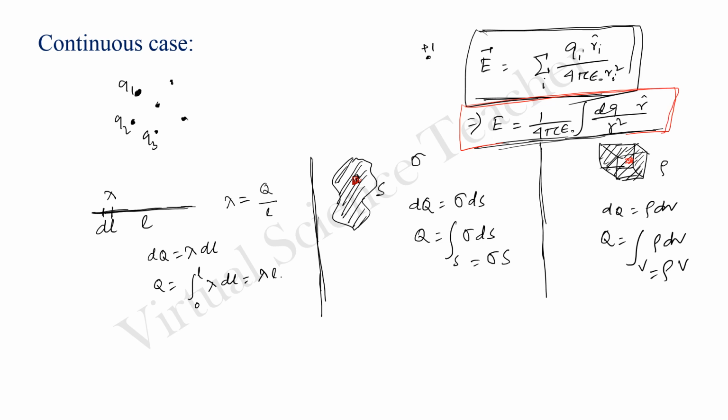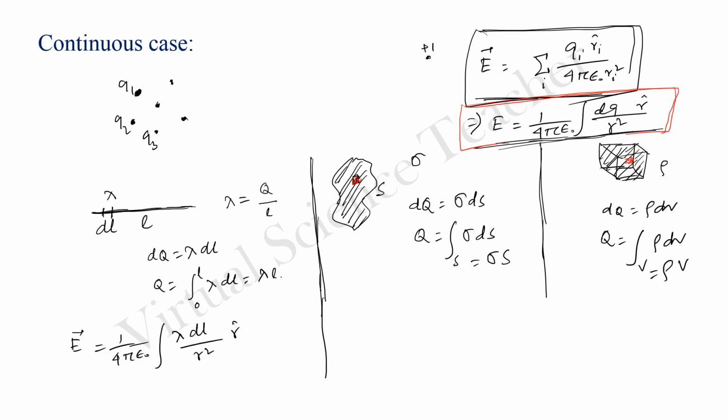Now, for line charge density, the one dimensional case, this electric field will be 1 by 4 pi epsilon naught, lambda dl by r square, r unit vector.